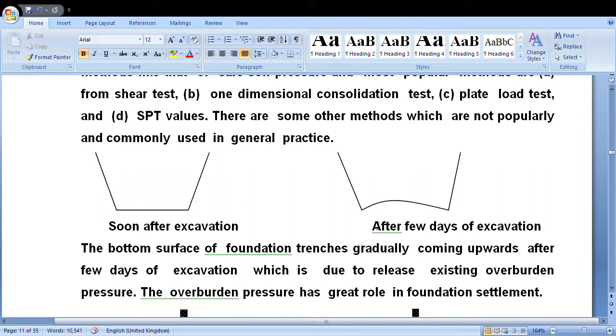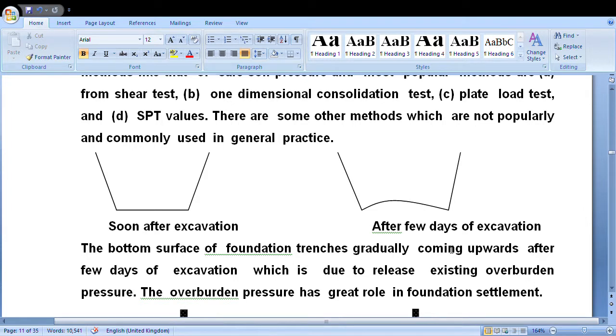But after a few days of excavation, at the outside margin of the foundation, the original shape is alright, but the middle portion of the foundation is slightly heavy, because of the weight of the surcharge. So the base nearer to the cutting edge remains constant, and in the mid portion the soil heap is noticed.